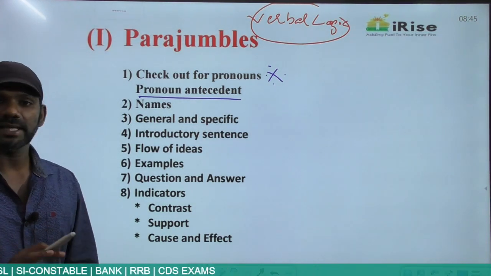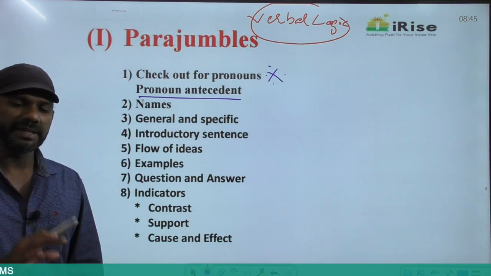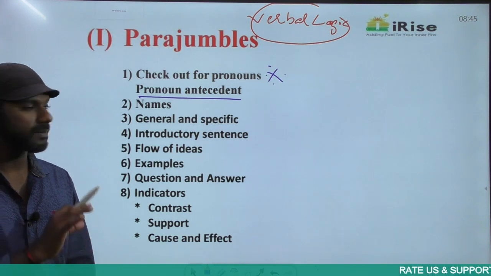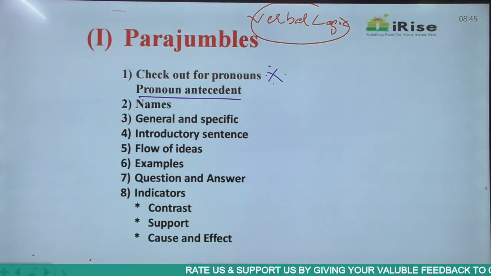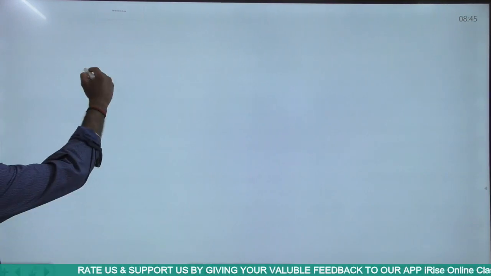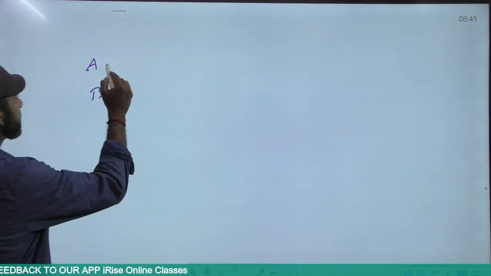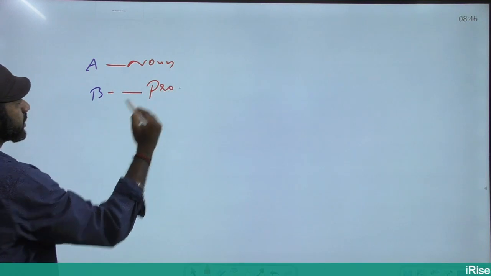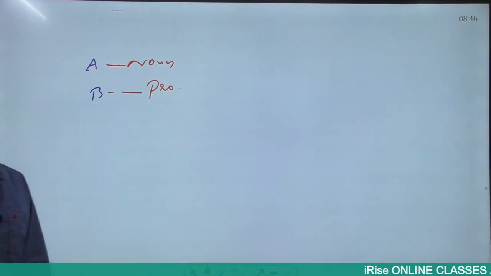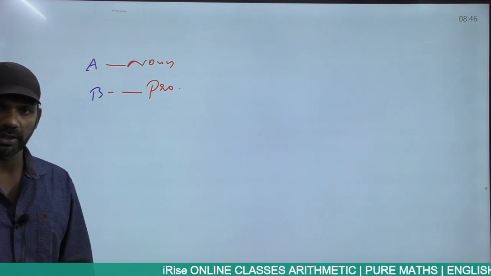You should never miss any indicator, any pronoun while reading, because this concept will surely help us eliminate options and get the answer. If I say 2 sentences, A and B. Sentence A contains a noun and sentence B contains a pronoun. Now, every pronoun must refer to a noun immediately before it.